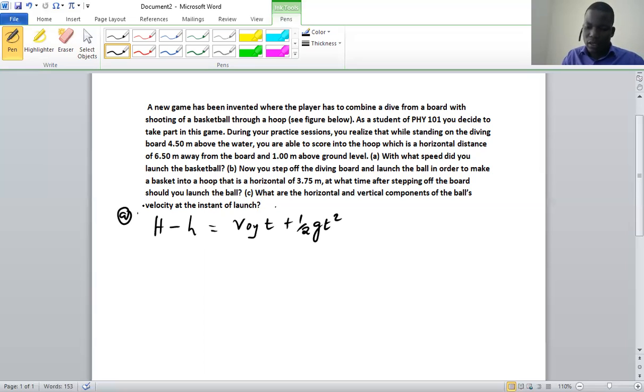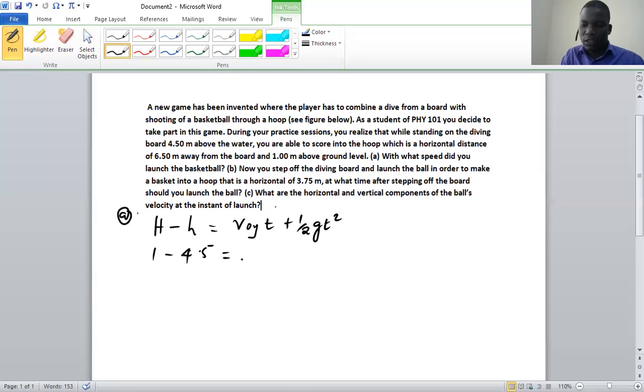So this ball is coming down, we have 1 meter minus... No, it's 4.5. Sorry, we have 4.5 equal to... we don't have the initial velocity in the y when this ball is thrown.